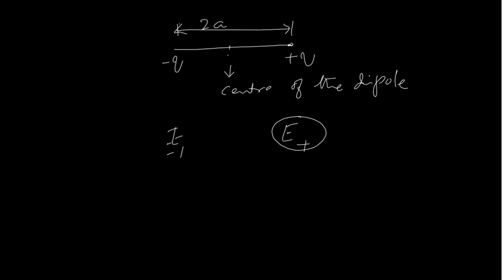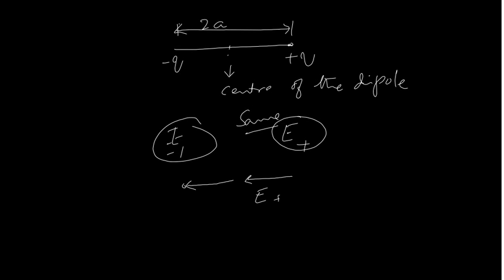So their magnitudes are the same. Both are vectors, right? The field from plus q will be this side. This is E plus. The field for minus q has to be entering into it. So here the field is going out, here it is entering.